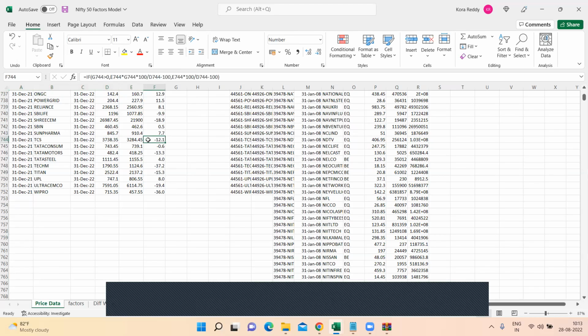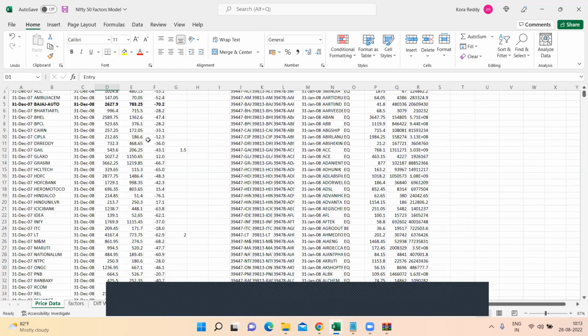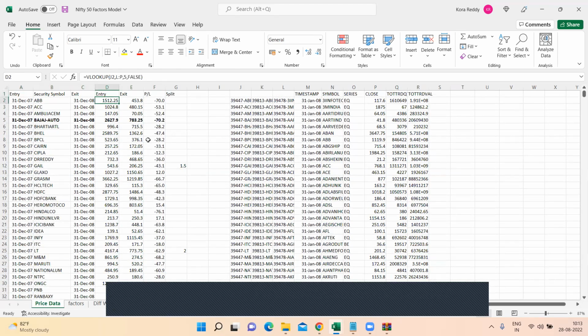Right, so all that I'm doing here is using the VLOOKUP to get the price of each year end, and again the exit is again a VLOOKUP and then the difference.